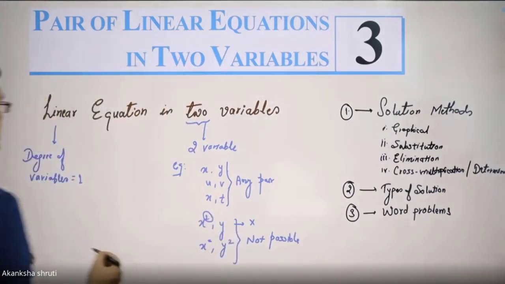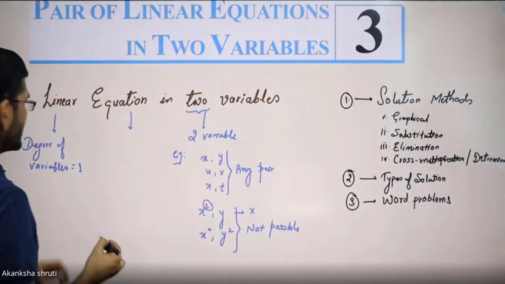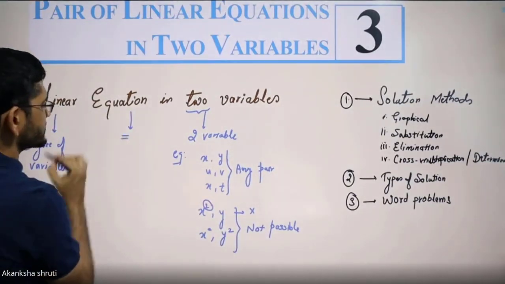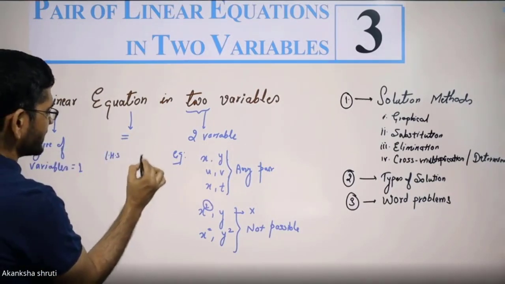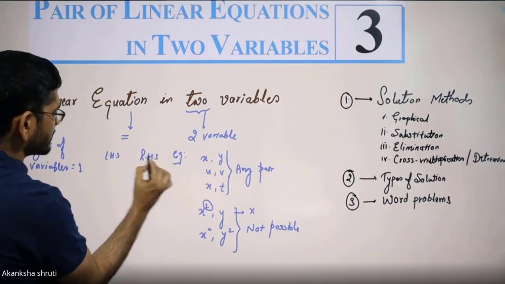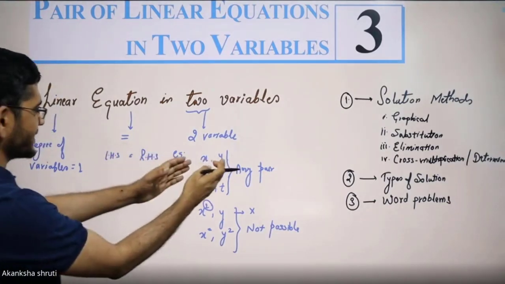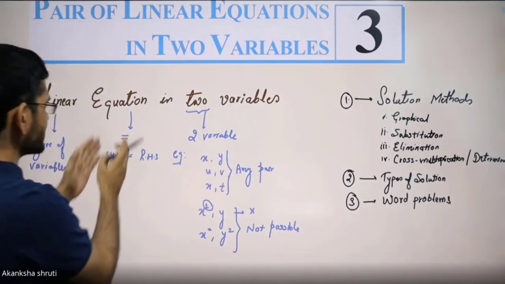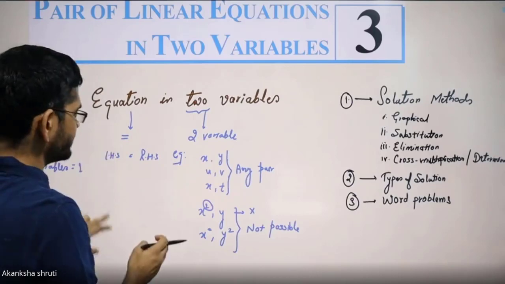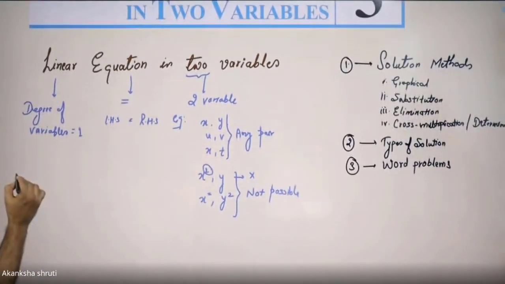So the equation signifies that there must be an equal sign, means something in LHS and something in RHS. There must be in this form. So connecting this variable with degree 1 with the constant and equal sign, we will get the form like this one.